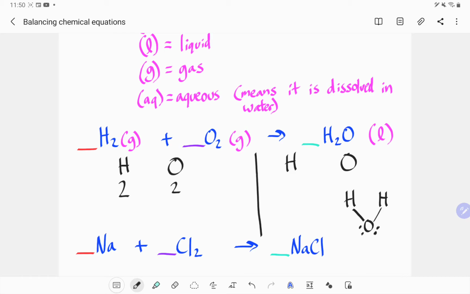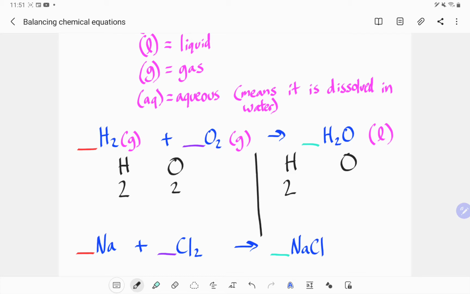But as we get to more complex problems, it's going to be very time consuming to be drawing out every single compound that we have. So I am suggesting that we get used to doing it from the numbers. So H2O is made up of 2 hydrogens, denoted by this 2 right here in the subscript, and 1 oxygen, because there's no number written here, so we always assume no number to be 1.